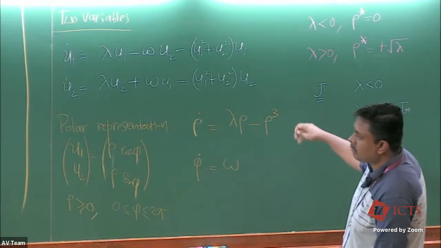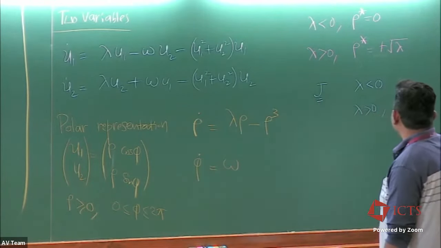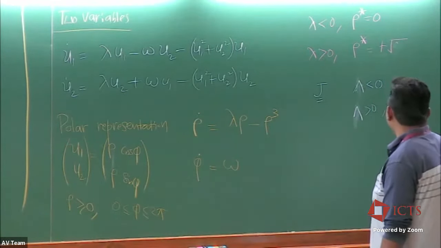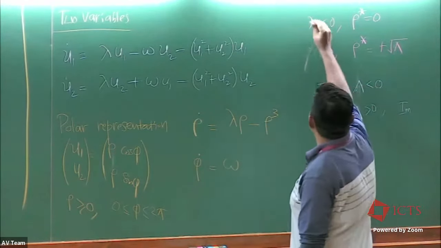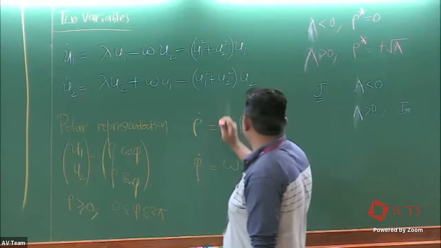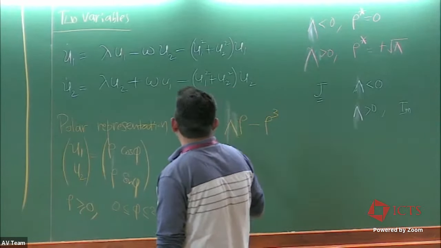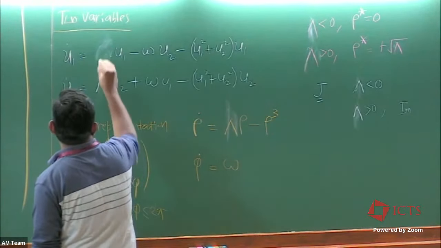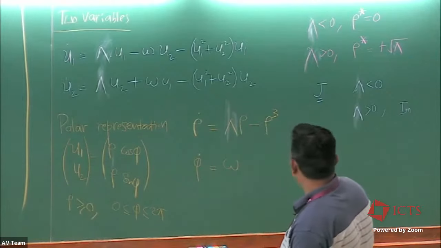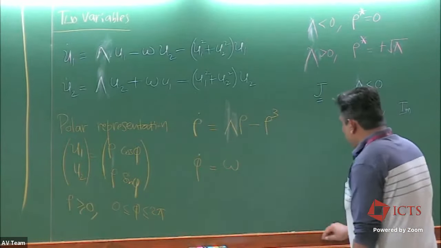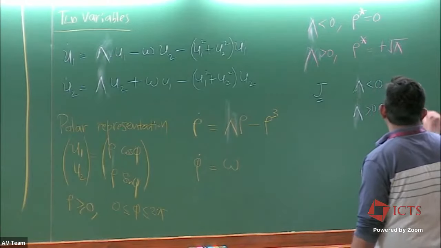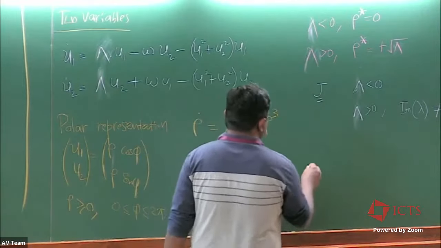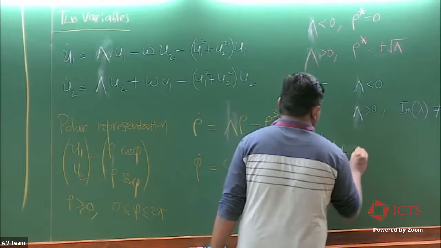So lambda here is a control parameter and not one of the eigenvalues. So show that the imaginary part of the eigenvalues is not equal to 0.